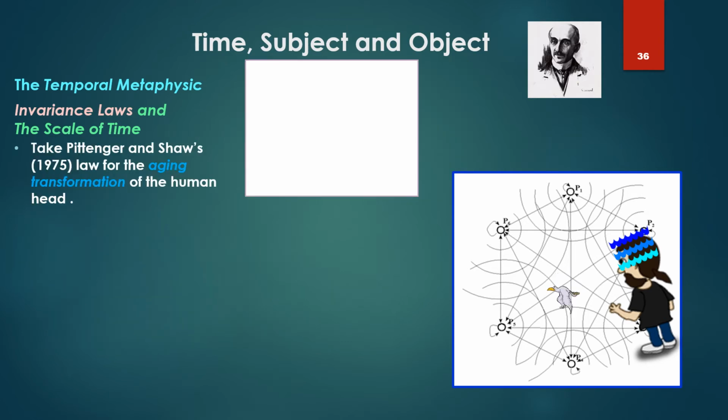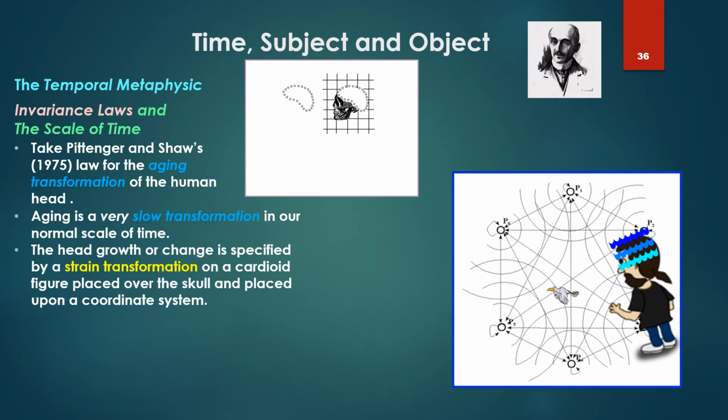Example of this, take Pittenger-Shaw's law for the aging transformation of the human head. Aging is a very slow transformation on a normal scale of time. So the head growth or change is specified by strain transformation in a cardioid figure placed over the skull, placed upon a coordinate system. So we have the skull placed on a coordinate system there in the picture. The cardioid is the dot figure.